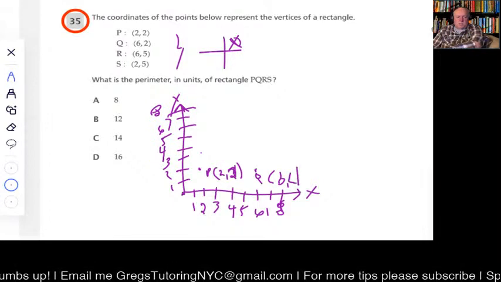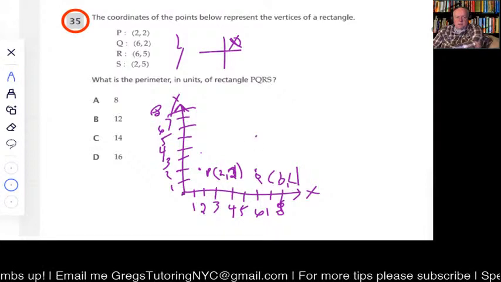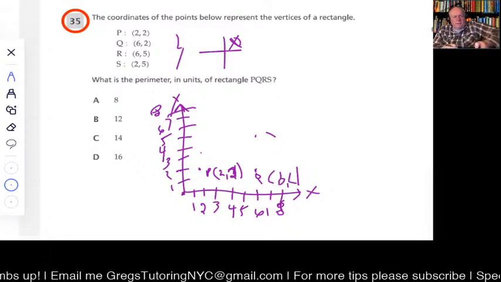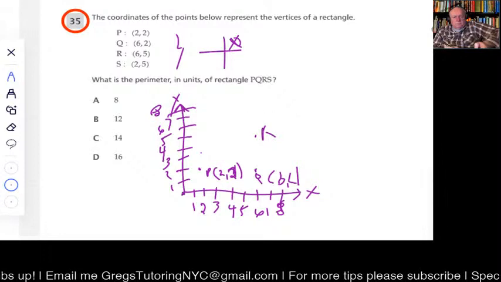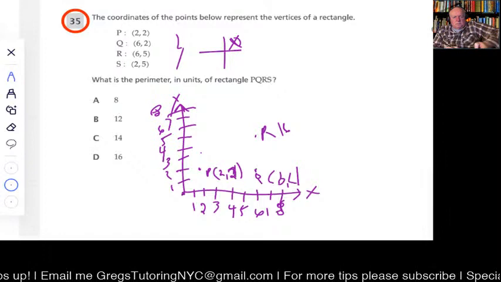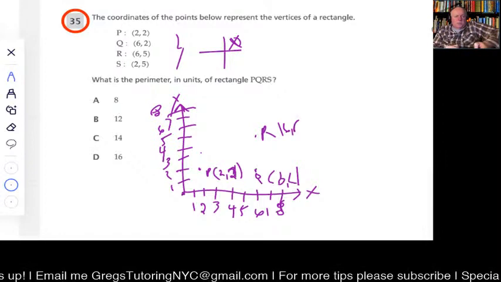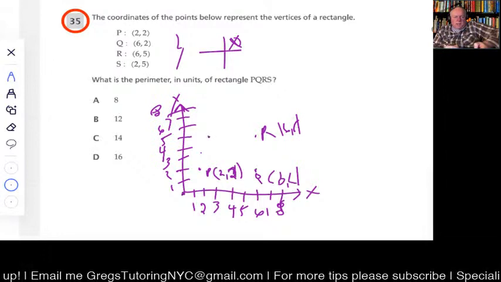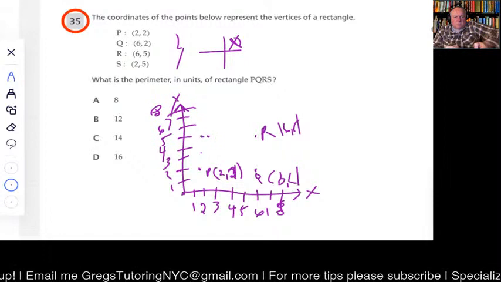R is 6, 5. So that's about right here. And S is 2, 5. All right, so this does line up. Wait, sorry, 2 was over there. This is S at 2, 5.